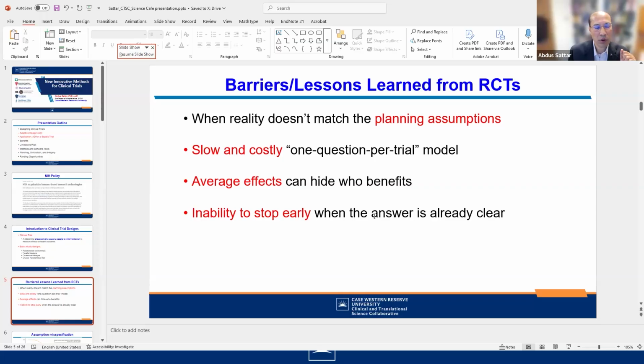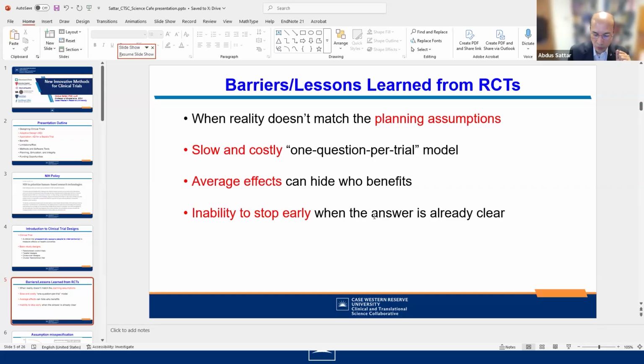Another limitation of the standard design is the inability to stop early. In a standard RCT, a randomized controlled clinical trial, if we are conducting the study for 48 weeks or 52 weeks, say 2 years, and someone is receiving the treatment, we cannot stop in the middle unless there is a serious concern from the DSMB report, etc. Generally, the randomized controlled clinical trial moves forward until the end, and then we analyze and determine the efficacy of the treatment.